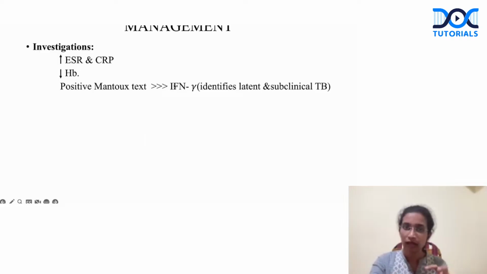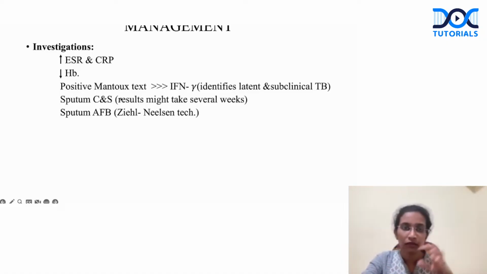So the interferon gamma assay measures the host's cellular immune response, and in this way it also identifies latent and subclinical TB.